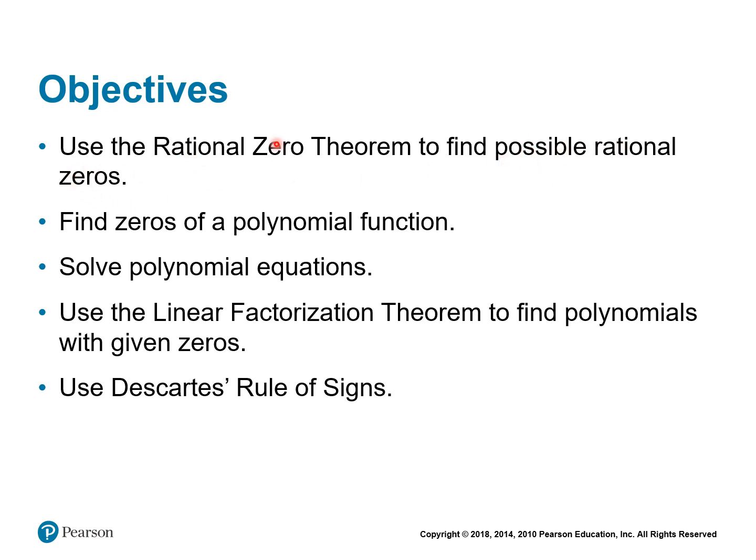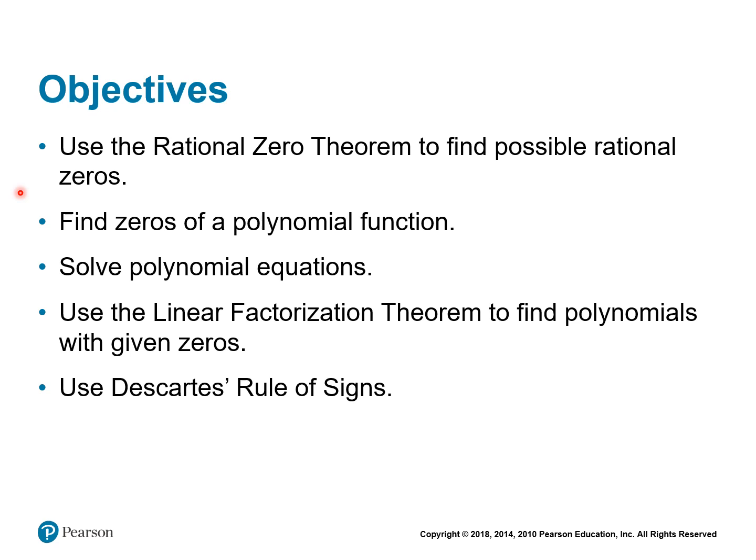So it'll give us a bunch of values which could be the zeros of the function, or they couldn't, but it narrows us down to a shortlist from which there would be some which would be zeros of the polynomial function and some which won't.